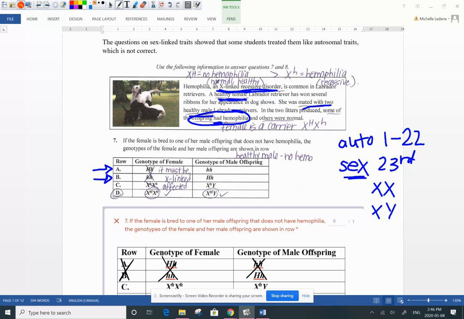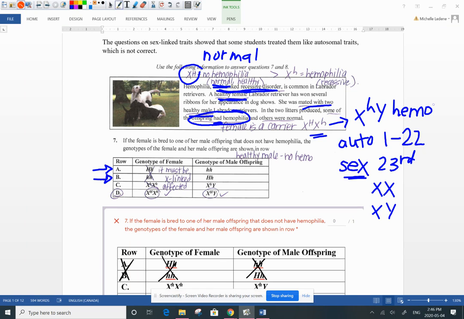So because she is normal and she has the normal dominant healthy allele, that must mean then that she carries the recessive, and she has passed this on to some of her male dogs, and they in turn get hemophilia. So she herself is normal.